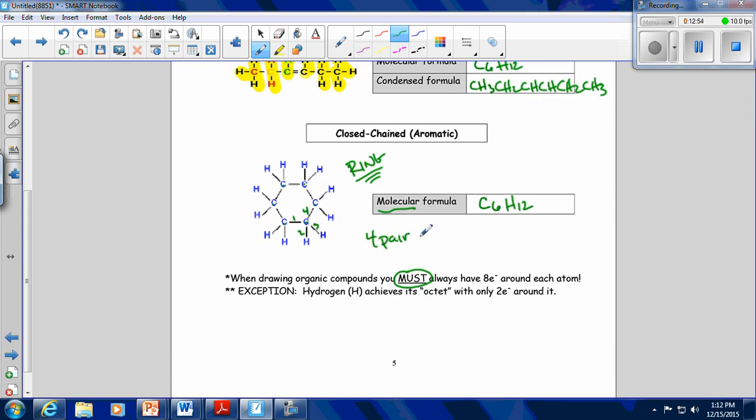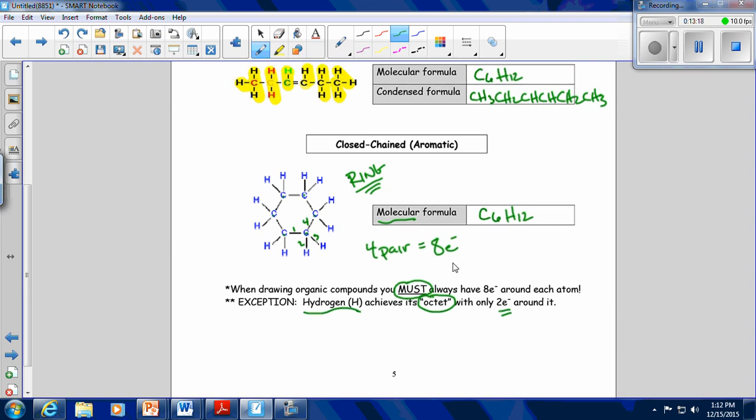Exception to the rule is going to be hydrogen. They achieve their octet when they have 2 electrons around them. Okay? So to conclude, we've talked about the properties of organic compounds, the different types of chemical formulas, and you saw the 2 different types in action here in dealing with the open-chained aliphatics and the closed-chained aromatics.